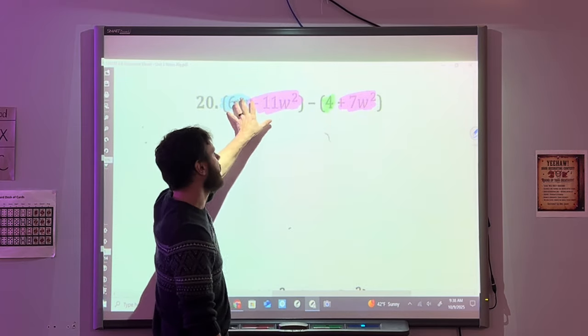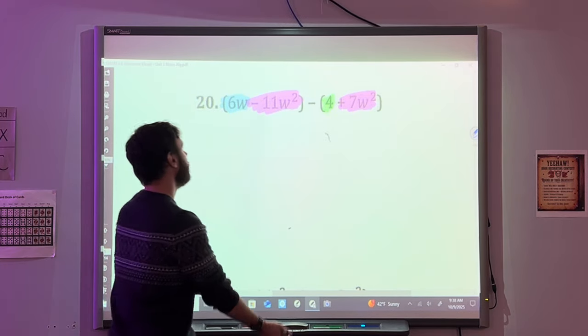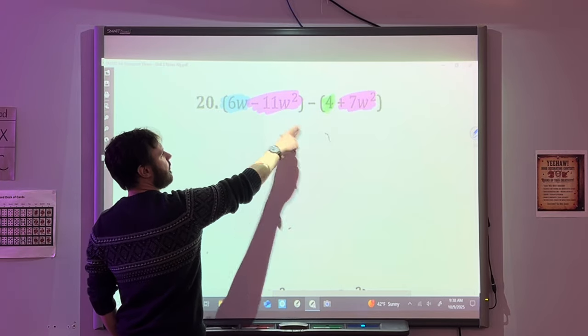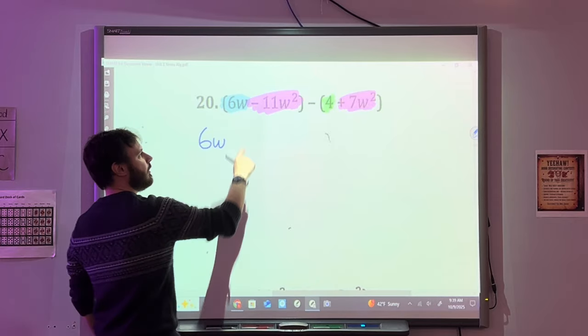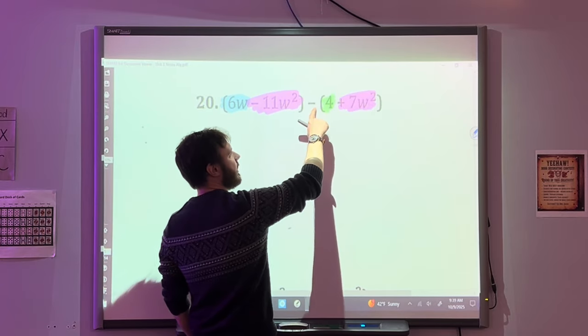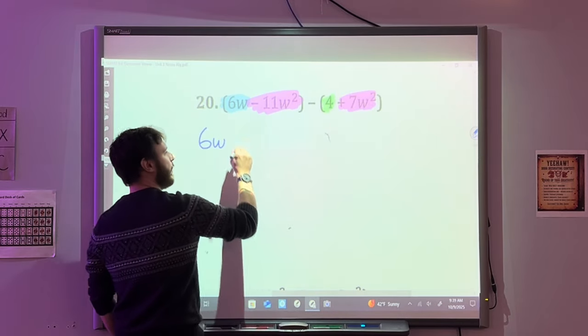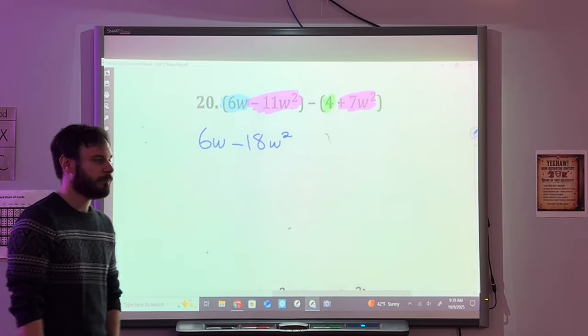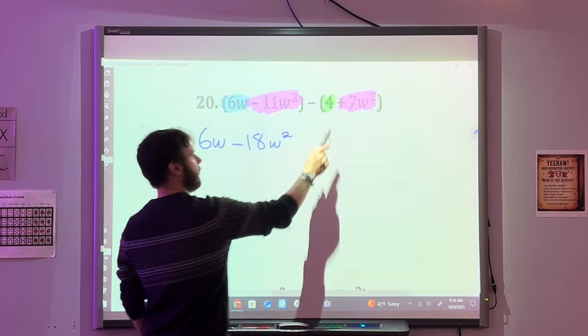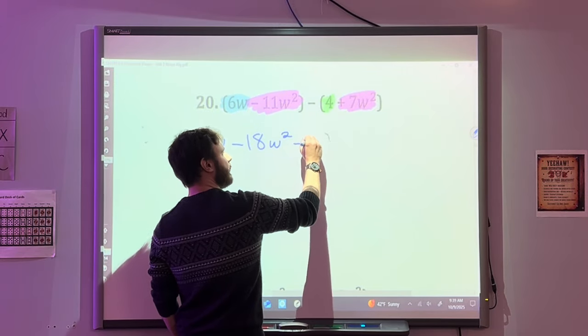So I'm really taking this and I'm subtracting this stuff. 6w is the only kind of w. Negative 11w squareds minus 7w squareds more. Okay. And this is the only kind of constant.